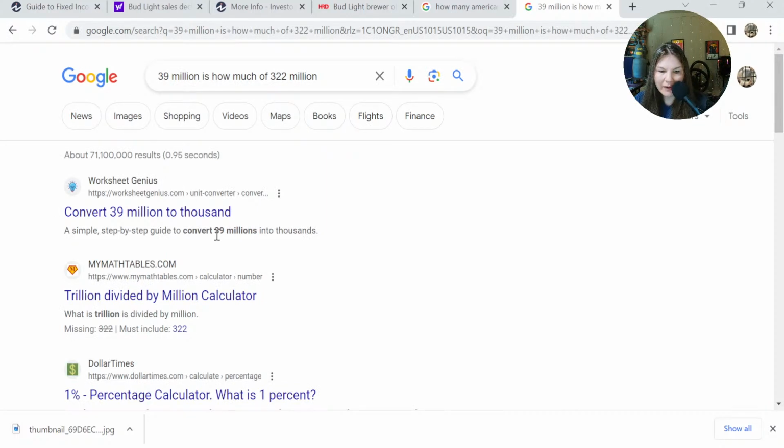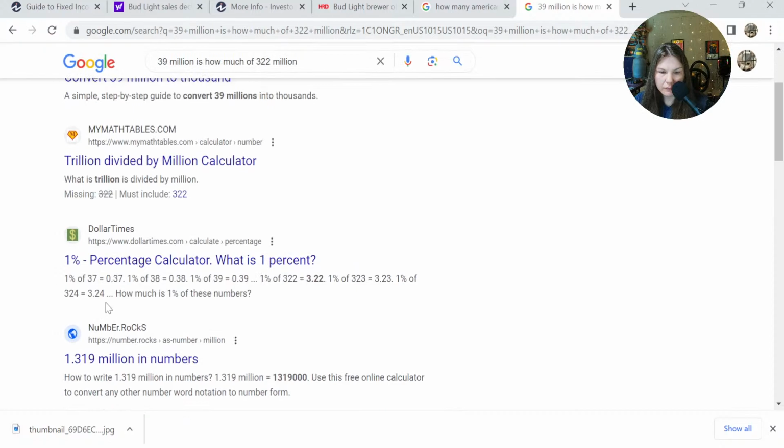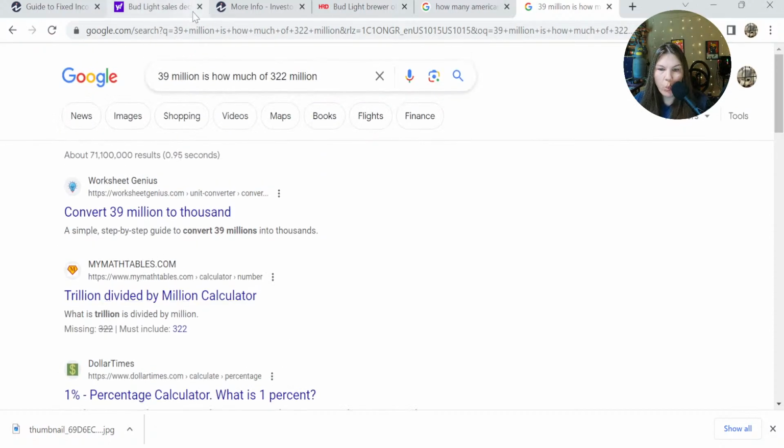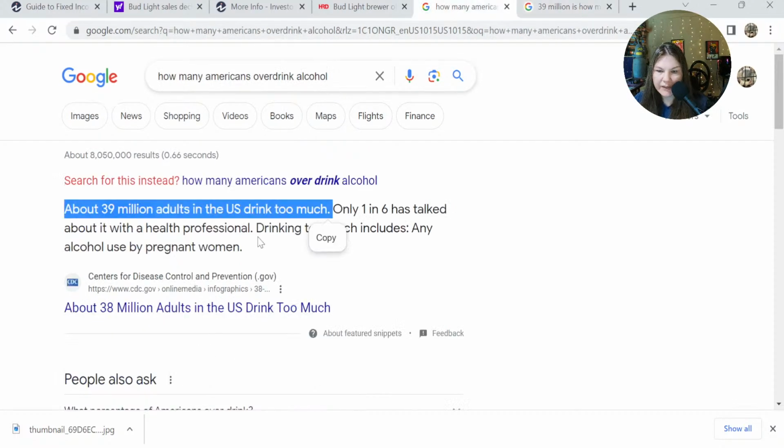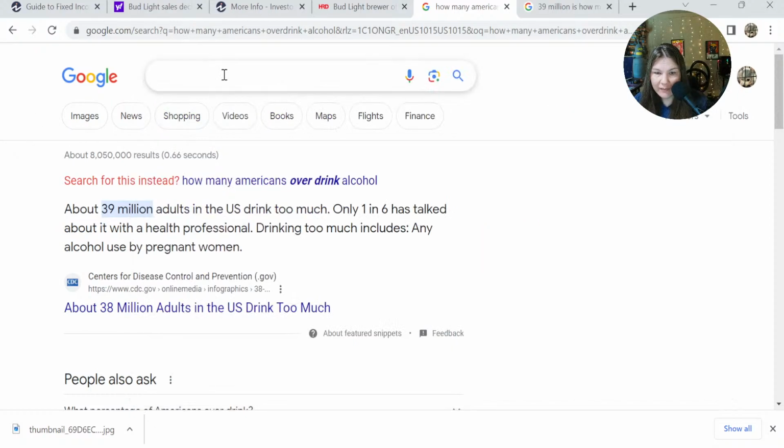I don't want to do it. Just tell me the answer. It's about 1%. See, 37 would be 1%. So about 1% of the United States drinks too much, guys. So I know there's a lot of you that drink almost too much.